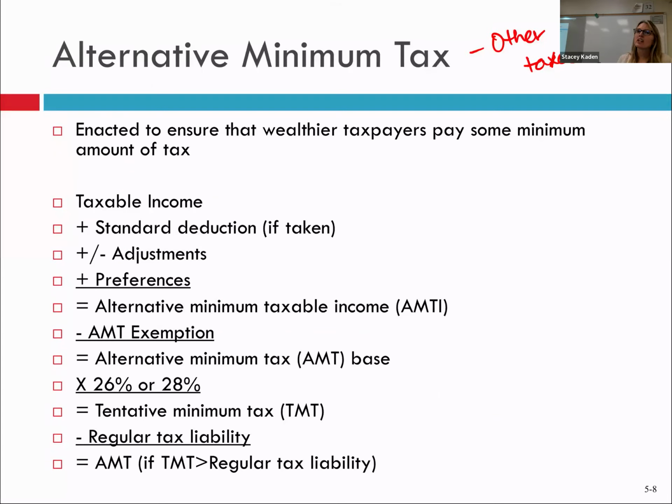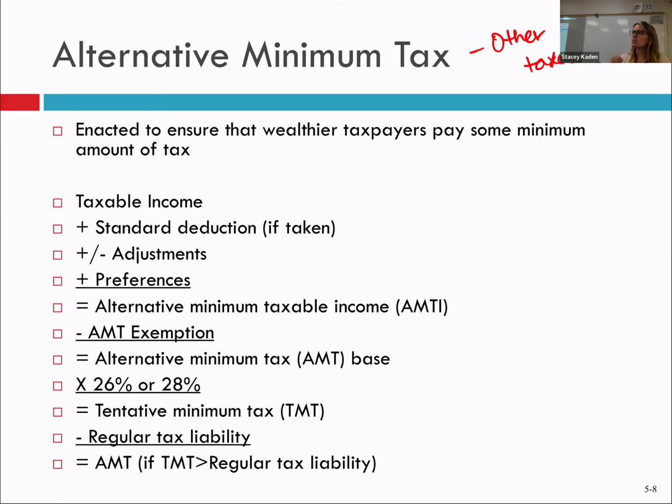bit, okay? So there are those who believe that wealthy individuals do not pay enough income tax. Not illegally, but just legally. They invest wisely, they buy a municipal bond, they take advantage of the preferential rates that we're talking about. Like, they're doing great tax planning.